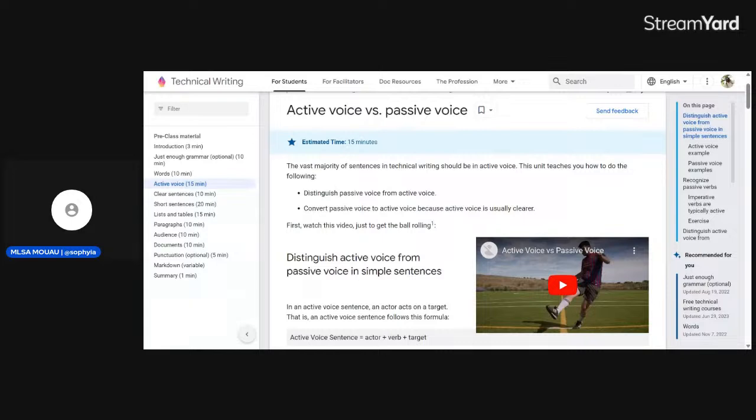In technical writing, it's essential that you know what an active voice is and what a passive voice is. And I know that this affected me at first, some people might not be able to tell the difference.